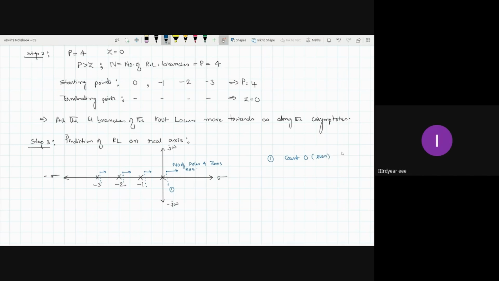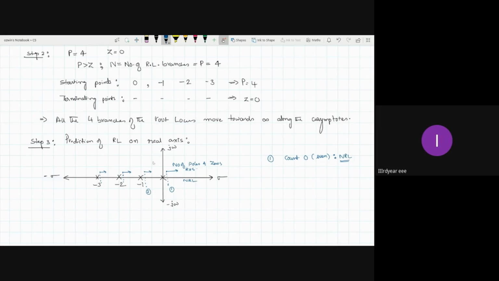If you get the count as an even number, then we say the prediction is NRL. That means this entire positive real axis is NRL, so you cannot have any root locus movement along the positive real axis. Now let us go to section 2.